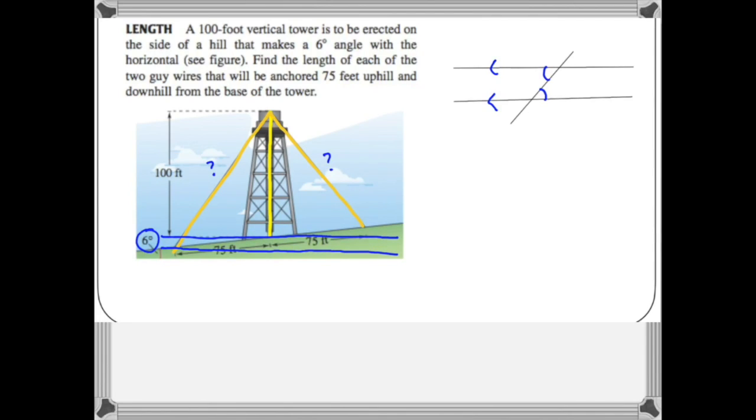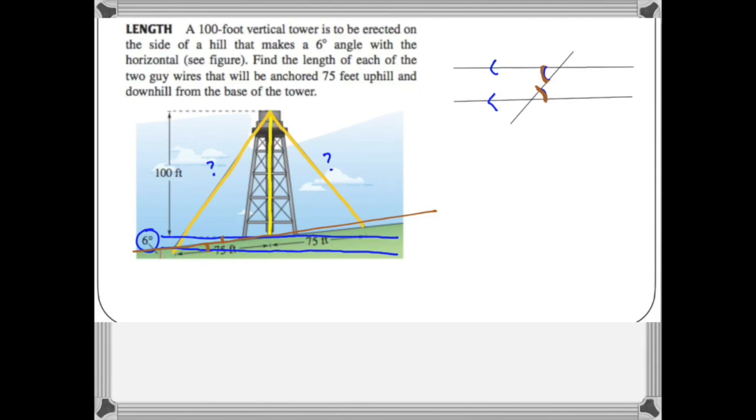There we go. Since this is a 6-degree incline, this angle right here is going to be 6 degrees. So that means this little bitty angle right there is going to be 6 degrees as well, much like with parallel lines cut by a transversal, where the transversal here is actually the ground going through.